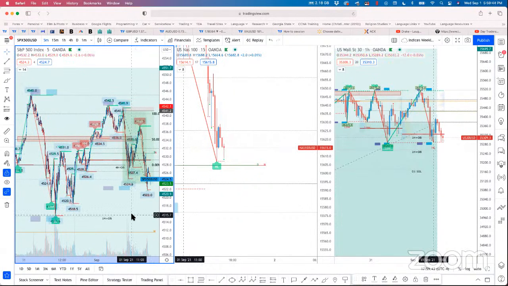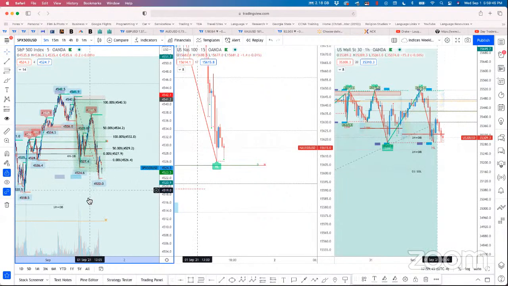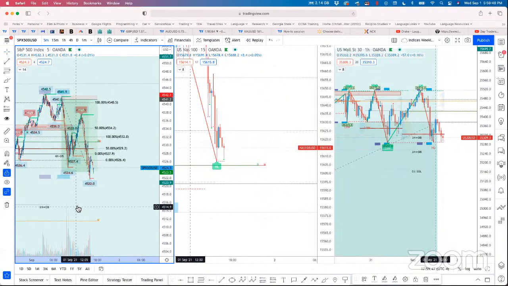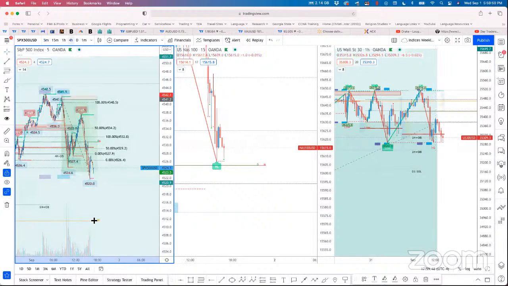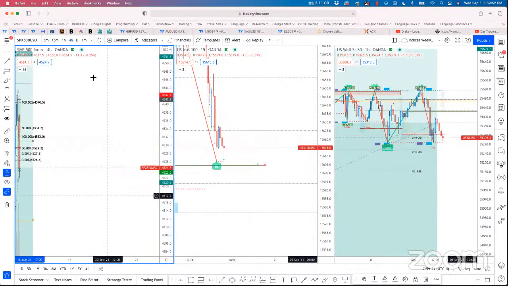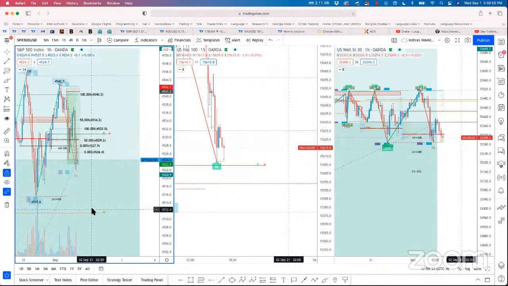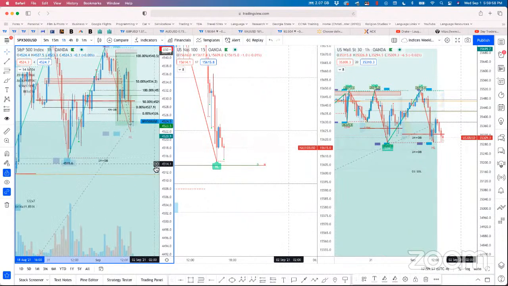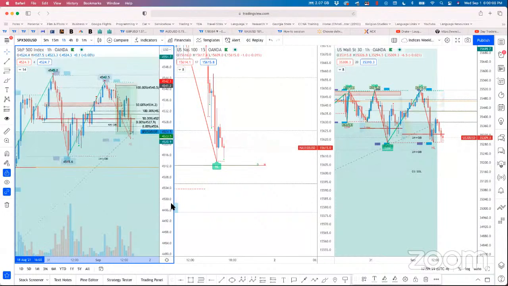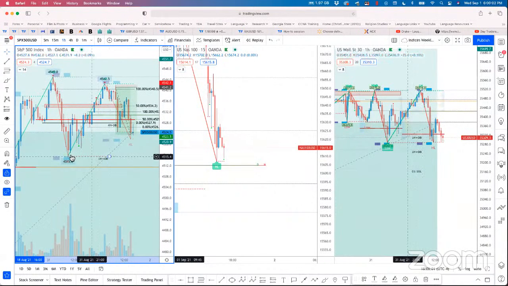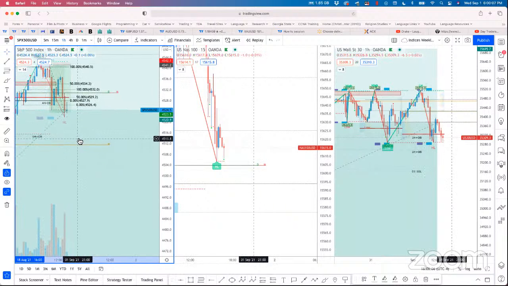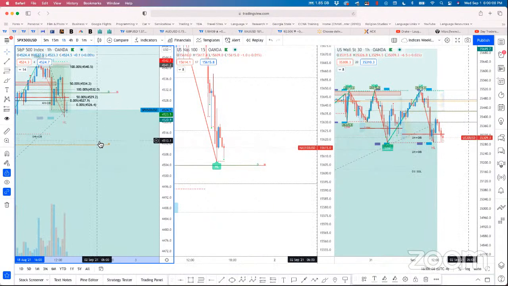We still got a similar situation, right? We got some equal lows. Let me look at the 1 hour. We got this low right here near this order block. Then we also got the weekly right here.